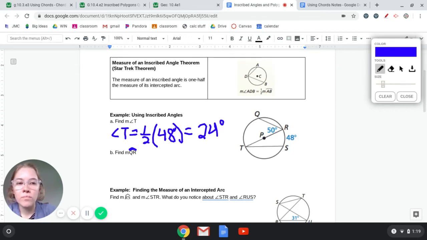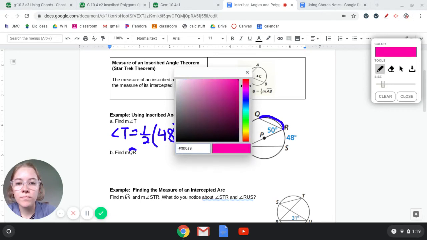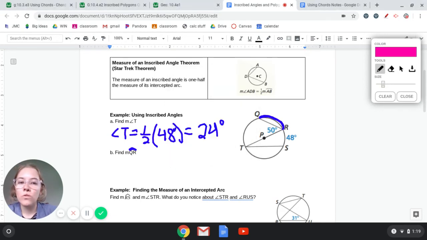We're looking for QR, but notice we don't have an angle that connects to Q or R, but we do have angle QRT. Angle QRT is 50 degrees, which means this arc QT is twice 50, which is 100 degrees.